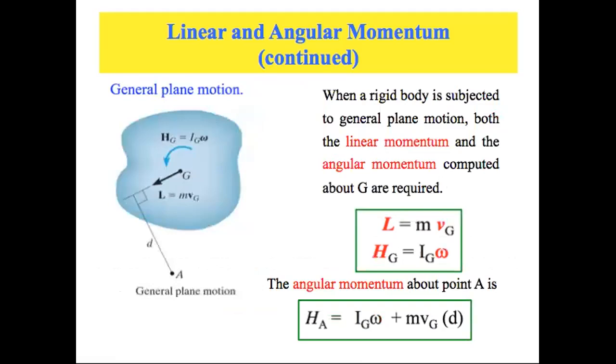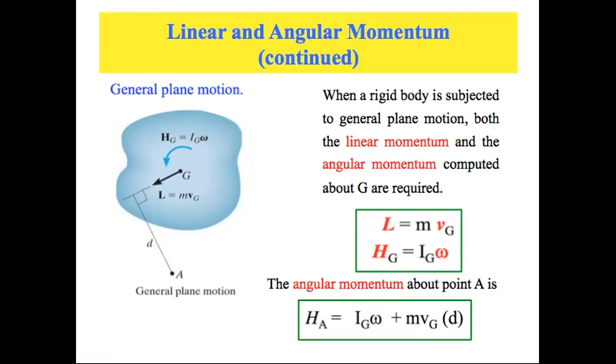When a rigid body is subjected to general plane motion, meaning both translational and rotational motion, we have linear momentum and angular momentum, and we can find these two terms about point G. L, the linear momentum, equals mass times the velocity at the center of mass, and the angular momentum HG equals the moment of inertia of the rigid body at the center of mass times omega.